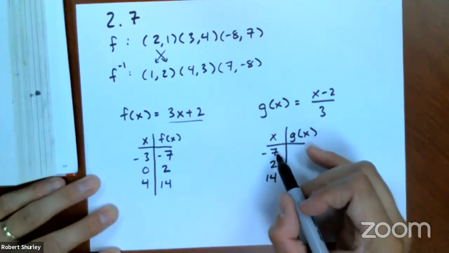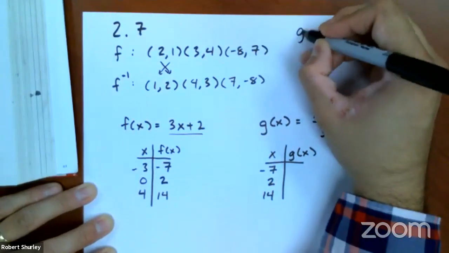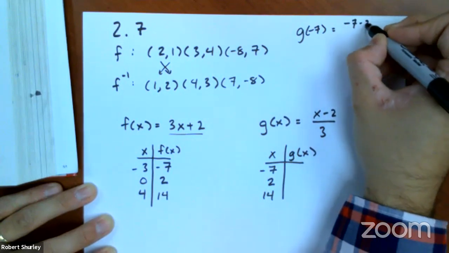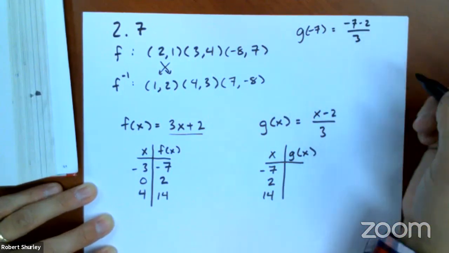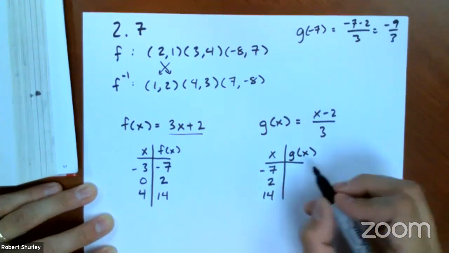So let's see if that happens. If I plug in -7 for g, I get -7 minus 2 over 3, right? So I'd wind up with -9 over 3. Yeah, that's -3.